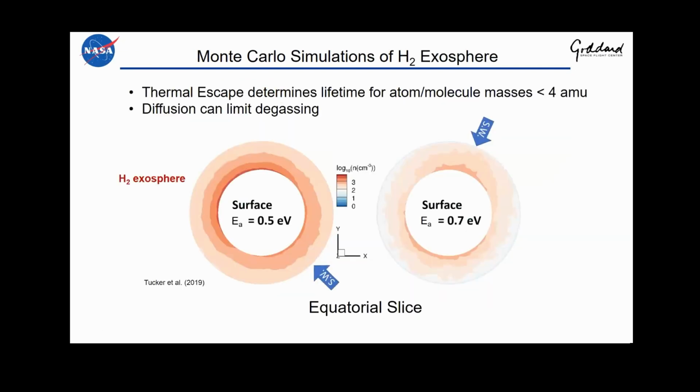It also affects what's released into the exosphere. So these plots are the gas distribution in the exosphere of H2 that's released out. And if that activation energy is too large, then it affects the degassing. It is diffusion limited, and so it restricts how much is released to the exosphere, which is another important constraint.